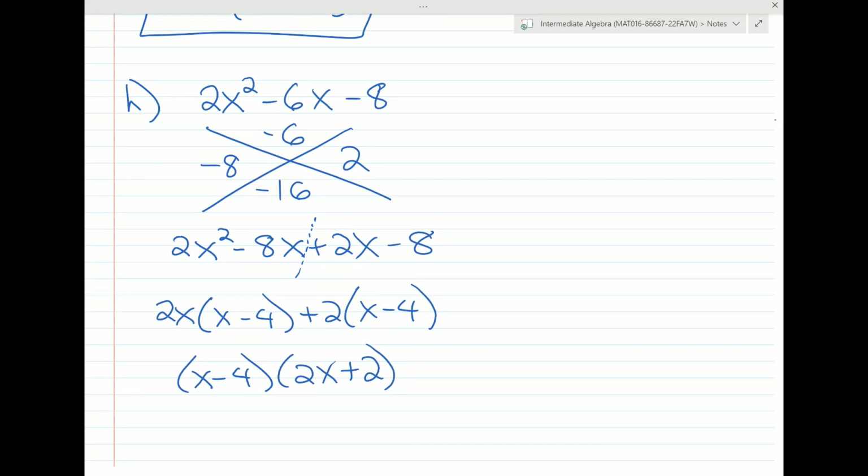I just want to show you that if you forget to take out a GCF in the beginning, it's not like the whole problem is ruined, right? What we get here, you just have to see your answer. Be like, okay, there's no GCF for this grouping, right? But here we can take out a 2. So the answer would be 2 times x minus 4 times x plus 1.